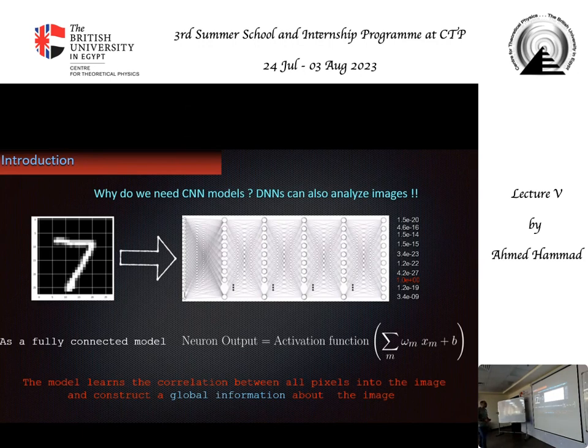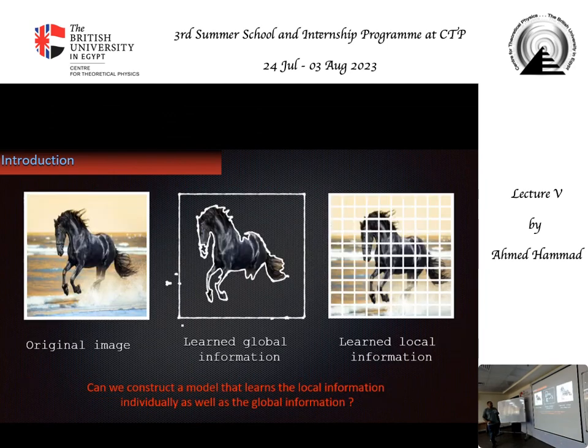This kind of information is called the global information about the object. Now the question is, can we find a deep learning model that can learn both global and local information about the image?